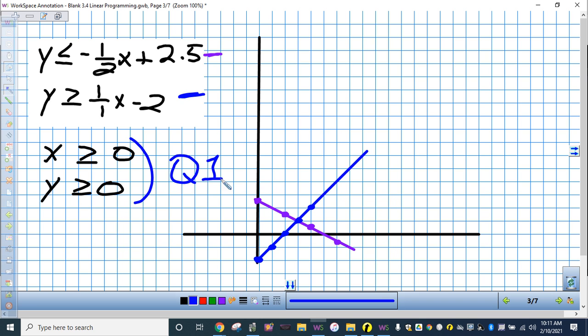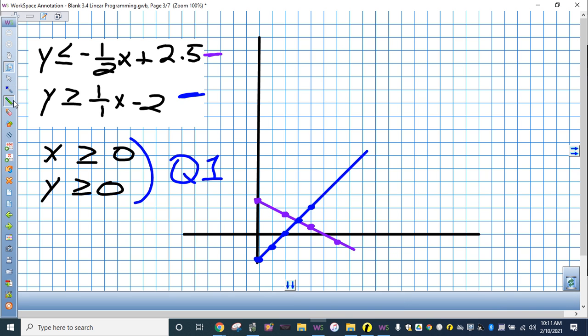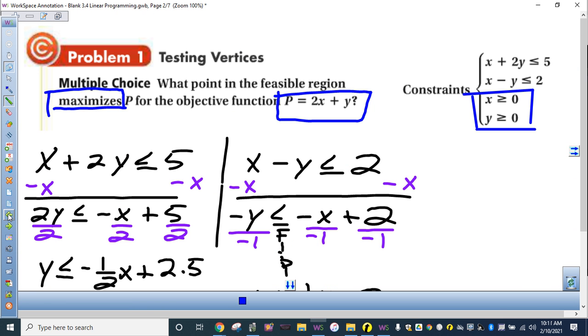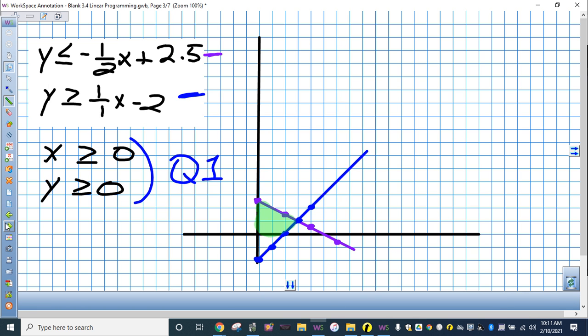So I'm basically done with those. I don't have to think about them anymore. But I'm less than purple and greater than blue. So less than purple, greater than blue means that I'm going to be in this little wedge in the corner, kind of. Less than purple, greater than blue. So above blue and below purple. Now, we need to write our profit equation, which was 2x plus y.